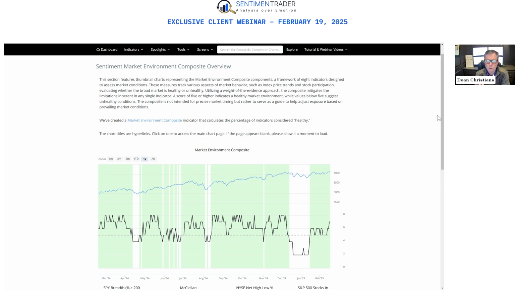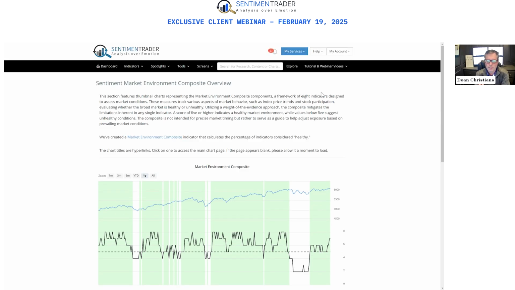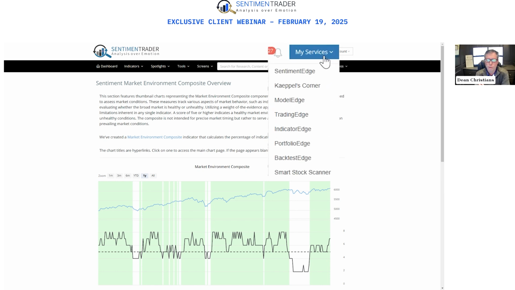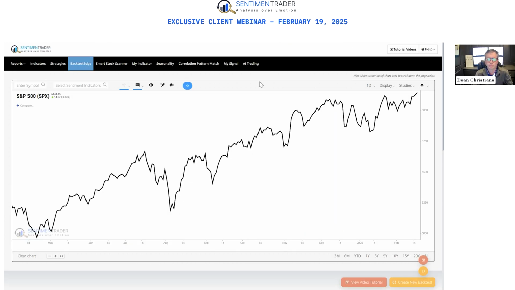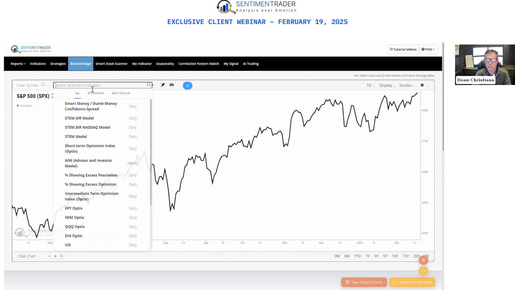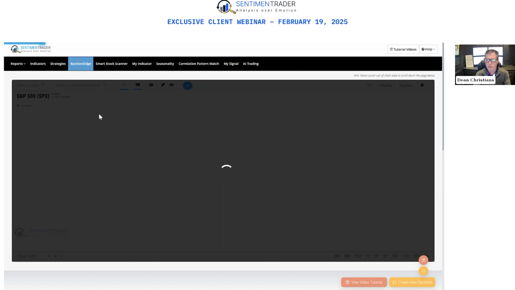And we've also, with both of those indicators, risk on, risk off, and the market environment composite, we've created, again, just an overlay indicator within the backtest engine. So if you go into the backtest engine and use the search function and under sentiment and you type in risk on, risk off, you'll see the composite indicator as well as the overlay.